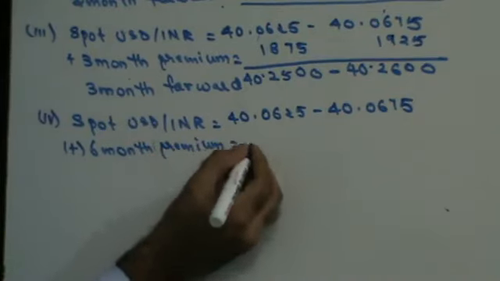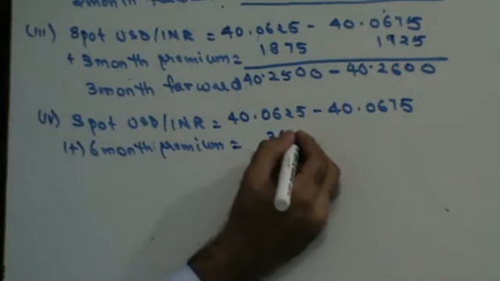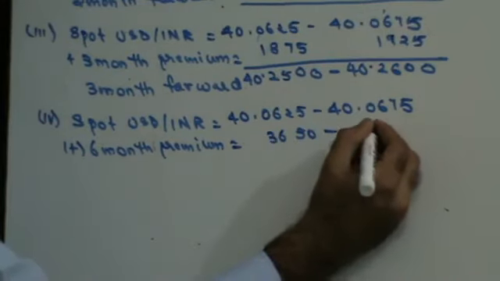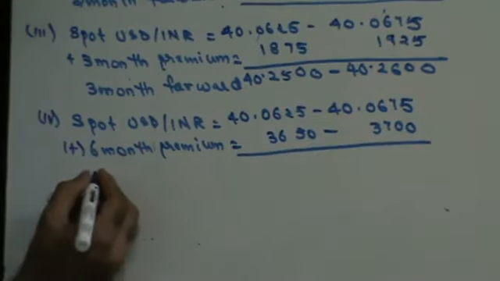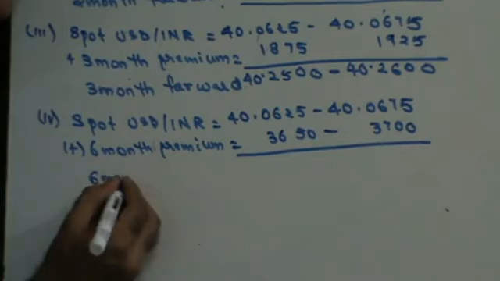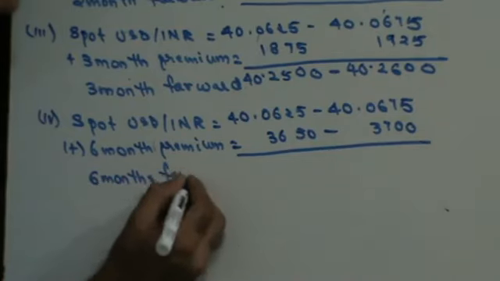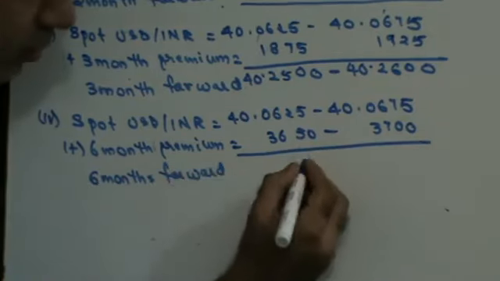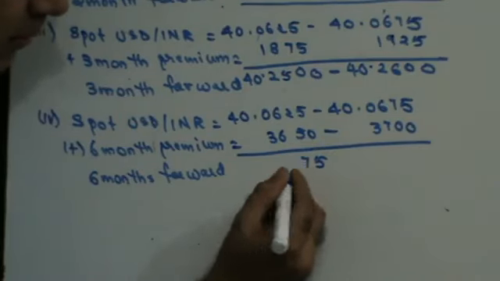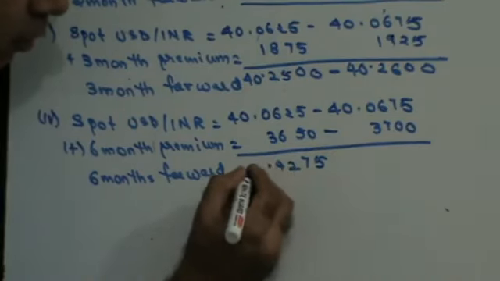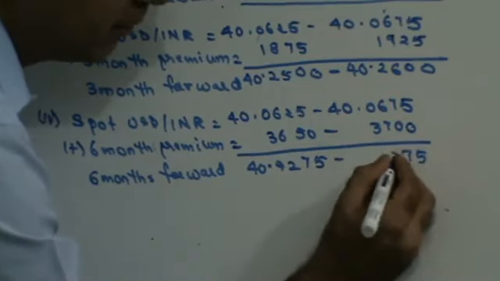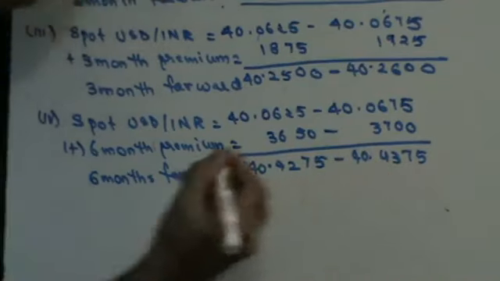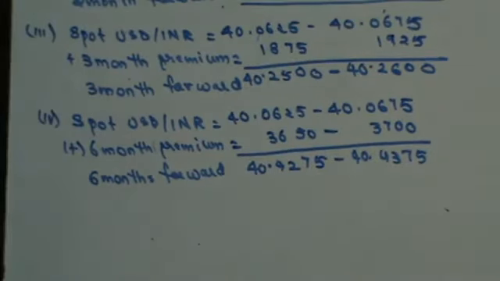So 6 months premium is 3650 and 3700. So in that case my 6 months forward is going to be 40.4275, 40.4375. So that's how you find out forward rates for USD INR.